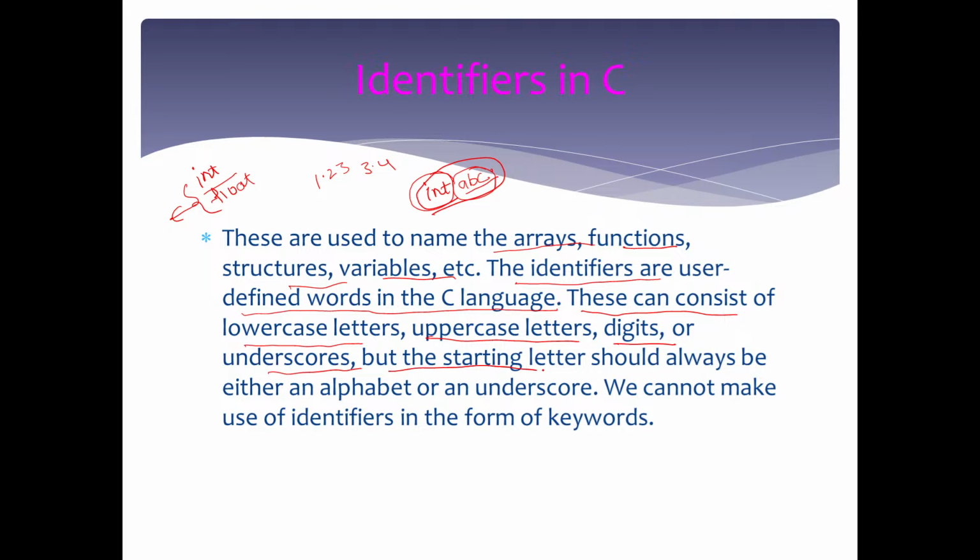But the starting letter should always be either an alphabet or an underscore. It's very important, guys. Whenever you are declaring a variable, it should start with an underscore or ABC, but it should not start like 9AC or 10BC. It's very important.